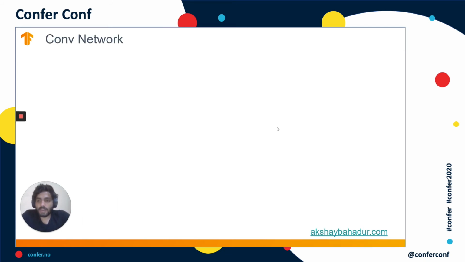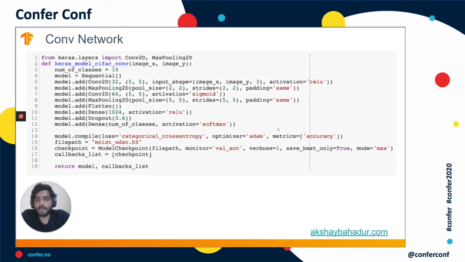So for this, we are going to use a CNN network, or a conv network. As already explained, CNN works pretty well with images because each filter can help you identify a particular shape or a particular color from the entire image, and it really helps us. So as you can see, this is our model.